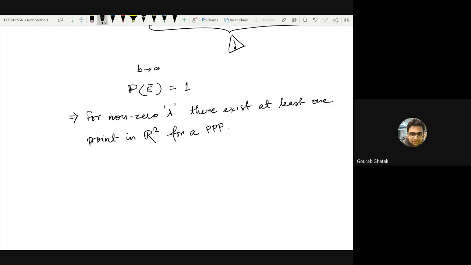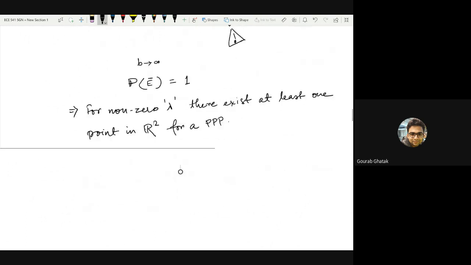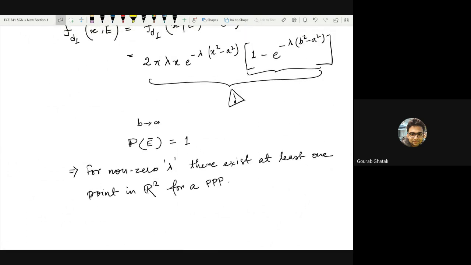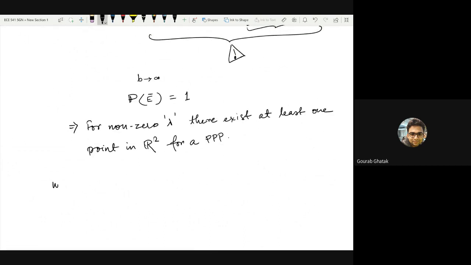Since this occurred with a probability of 1 for a general Poisson point process, our nearest neighbor distribution in that case, with a equal to 0 and b equal to infinity, is f of d1 of x defined as whatever you had derived earlier.